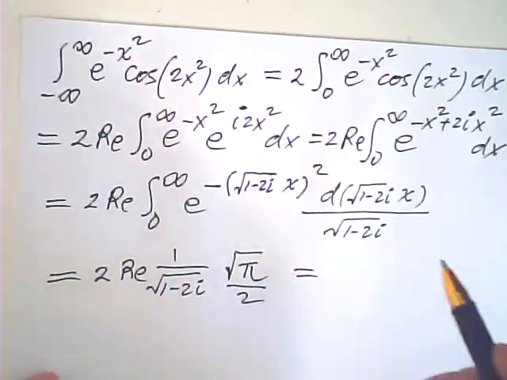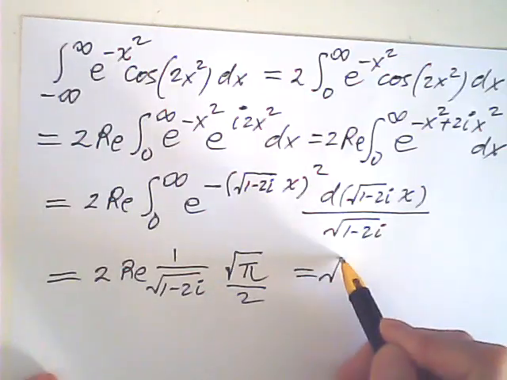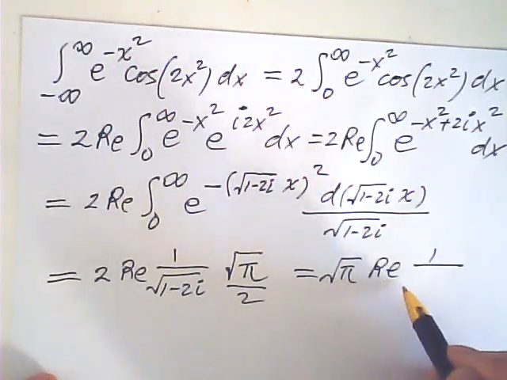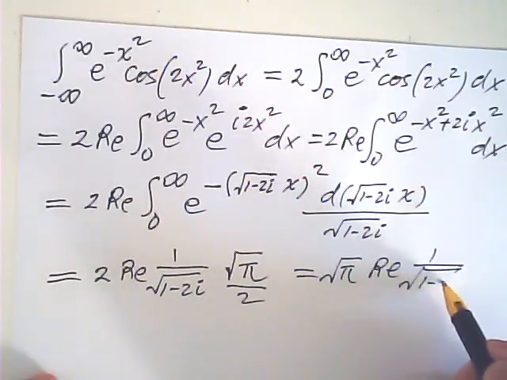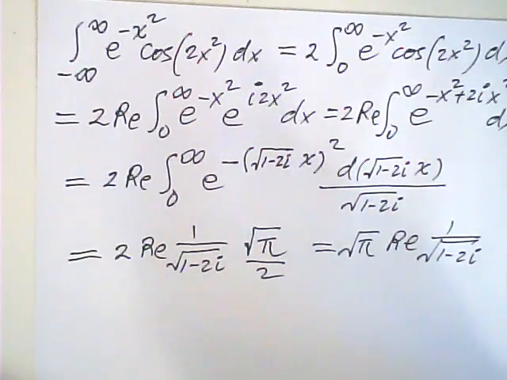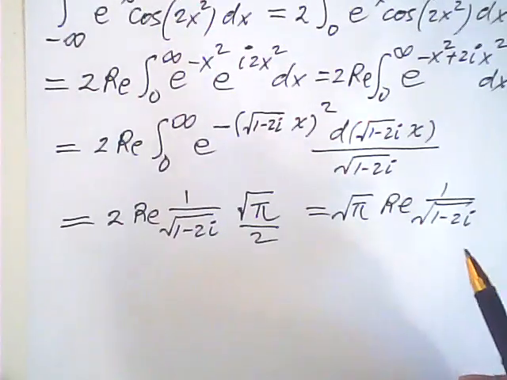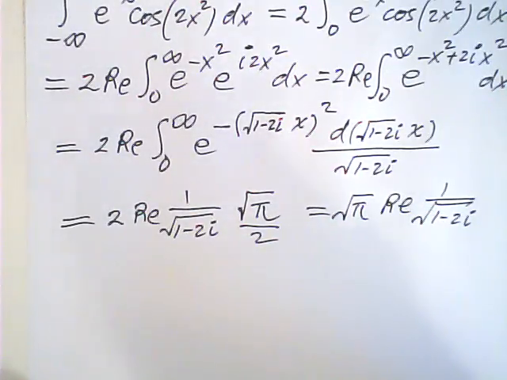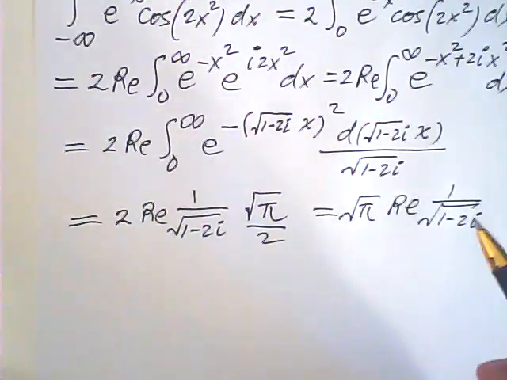So this one is equal to root pi times the real part of 1 over. Okay, good, so that is the result. We have to convert this to the real part. Okay, let me do it step by step.